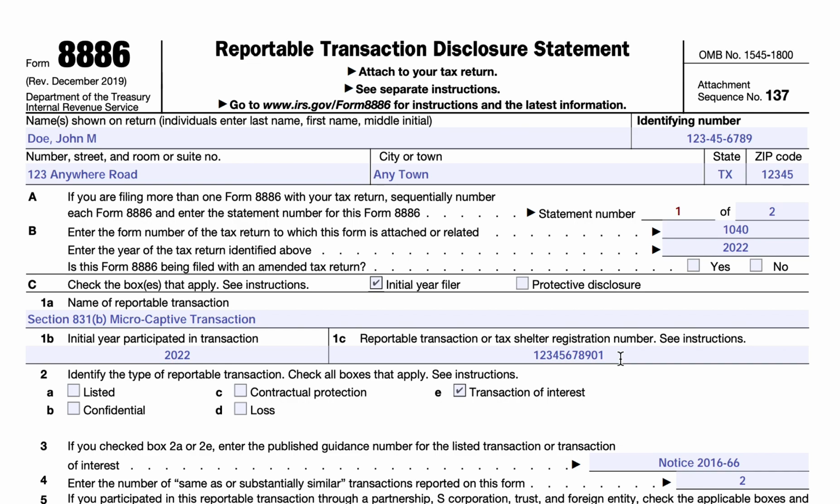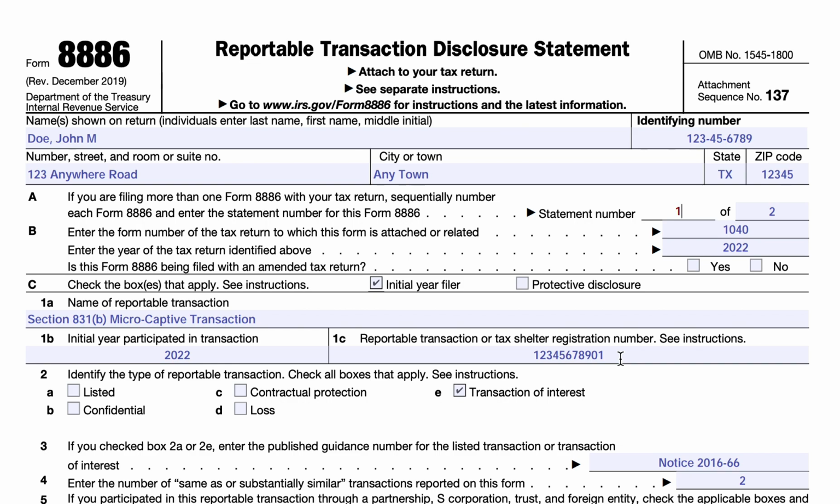So basically, the IRS has this as a category where it might be a transaction that the IRS will disallow because it's illegal, but they don't have enough information to make that a blanket statement for every similar transaction.